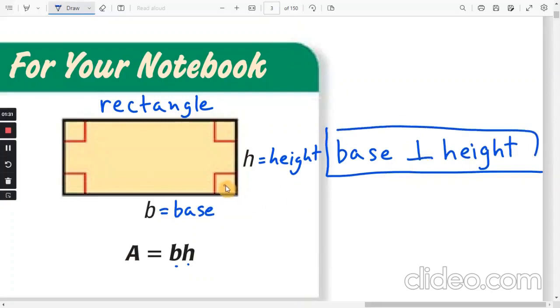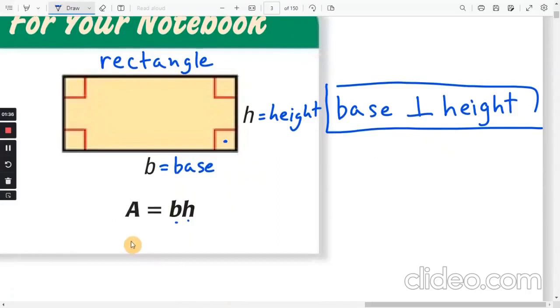They always make a right angle with each other. Some people think of the area of a rectangle as length times width, or L times W. That's the same thing, but I think it's better to use B and H for base and height. But again, make sure they make a right angle with each other.